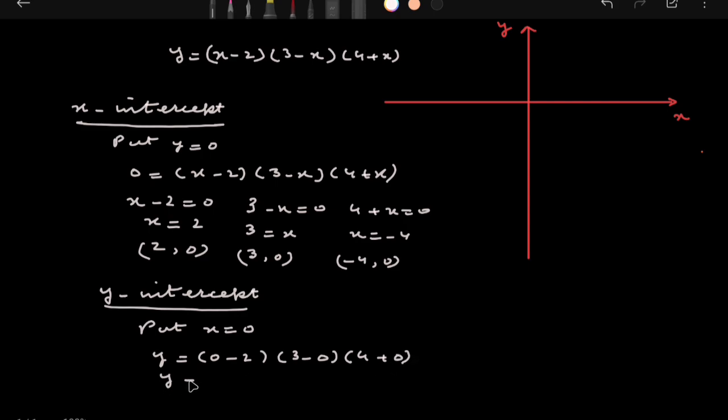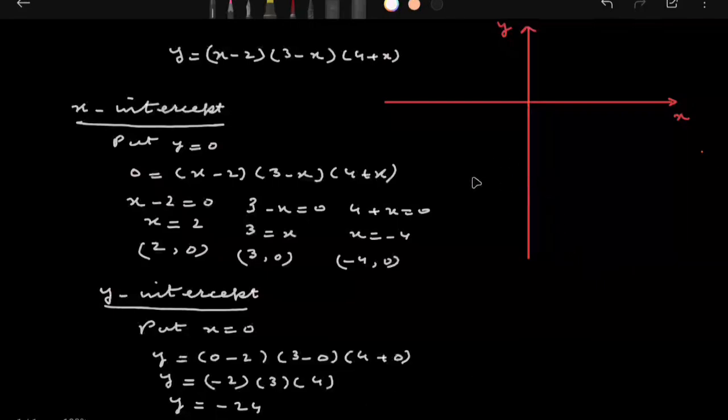We will solve it further: 0 minus 2 is minus 2, 3 minus 0 is 3, and 4 plus 0 is 4. We will multiply it. Minus 2 multiplied by 3 multiplied by 4 becomes minus 24. So the coordinates would be (0, -24).